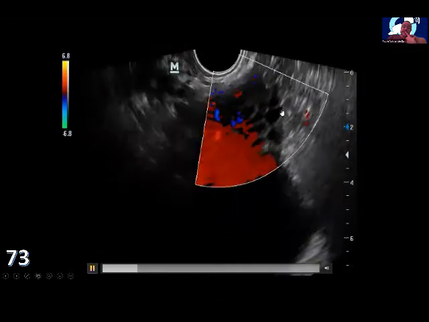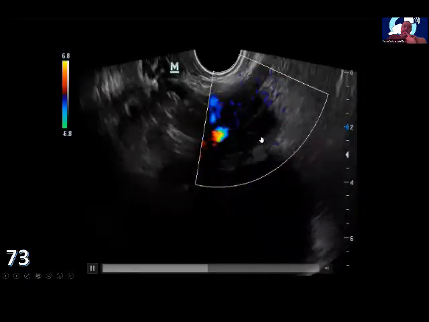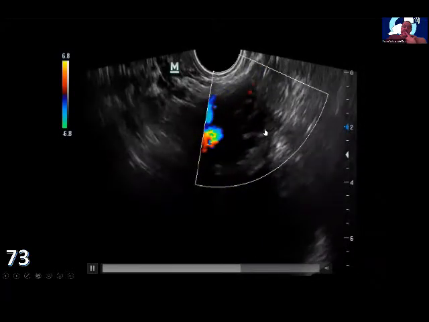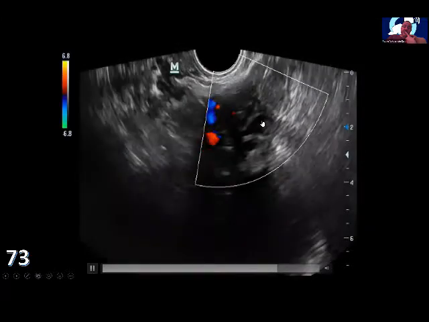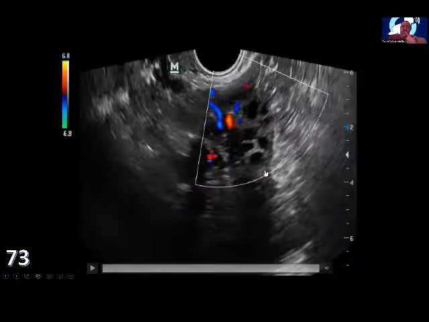Right side ovary. Those are pelvic vessels, but these are follicles. We improve the image by augmenting the gain, and this is a nice looking multifollicular right ovary.